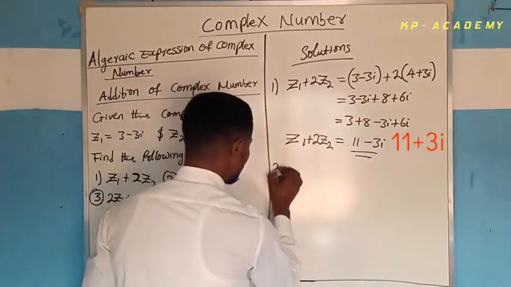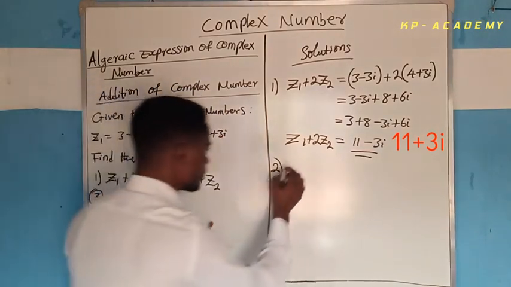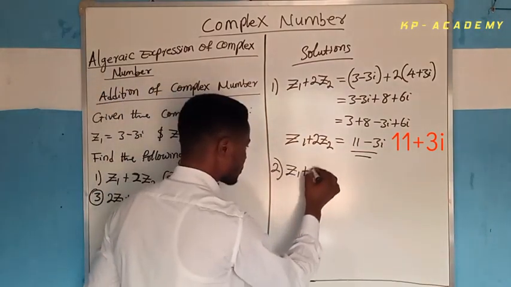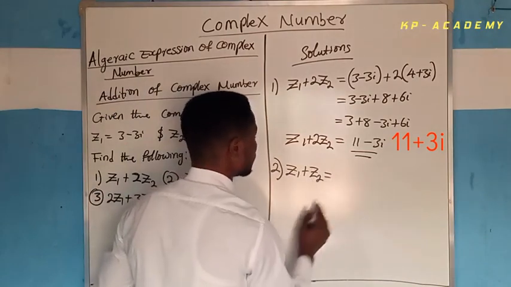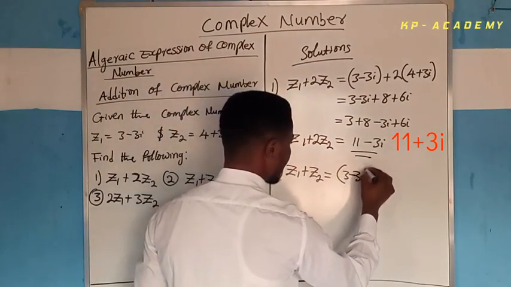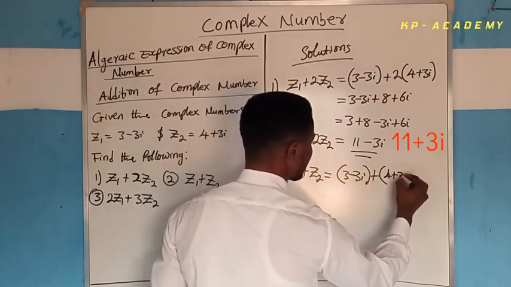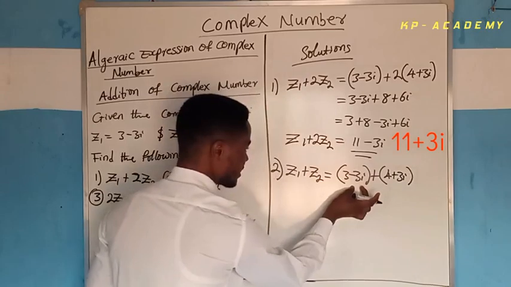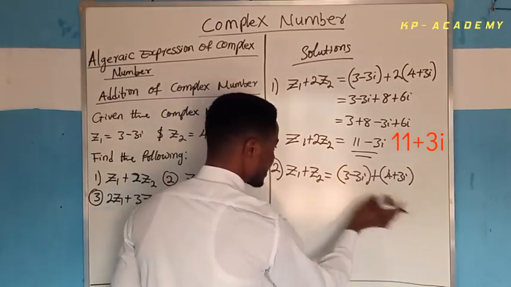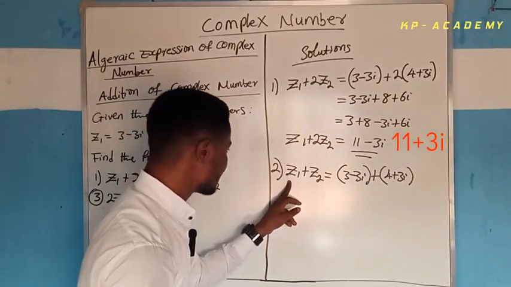Okay, quickly, number 2. In number 2, which says z1 plus z2, we are going to open a bracket, 3 minus 3i, plus, open again, 4 plus 3i. This is our z1 plus z2. In this case, there's no coefficient multiplying z1 or z2.